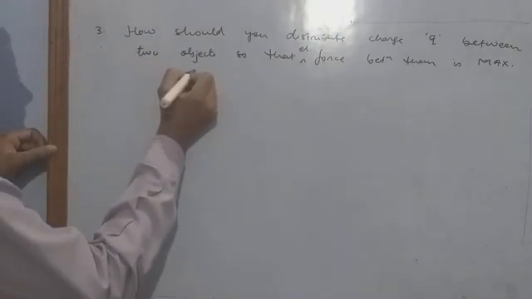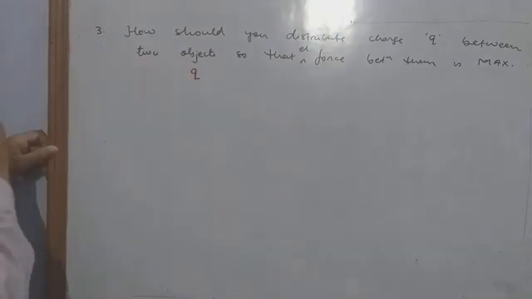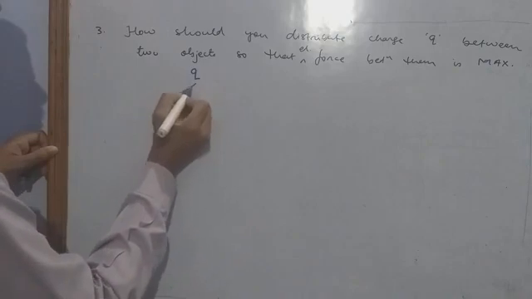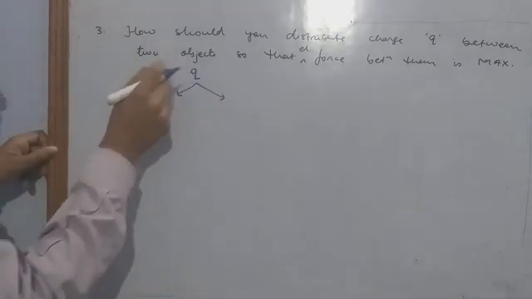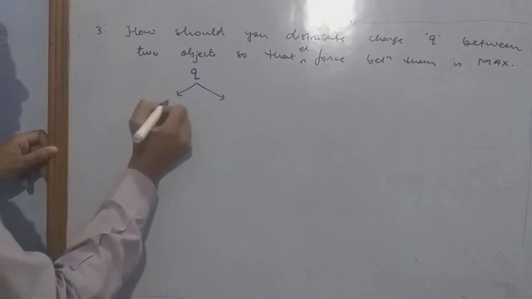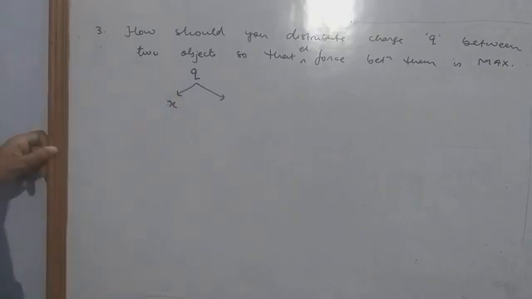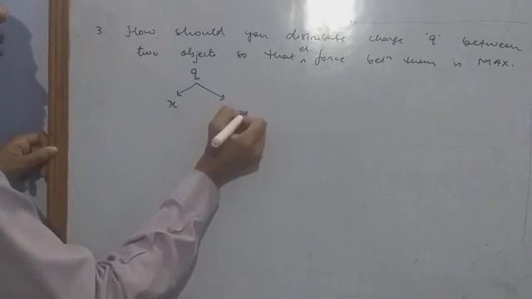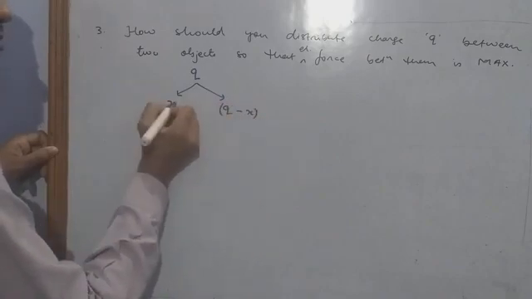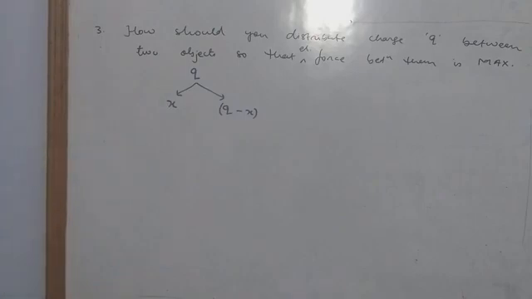We are given some charge q. It is to be distributed in two bodies. Out of charge q, to the first body I give some charge, say x. Then what will be the charge on the next body? Of course, q minus x. Is it clear, students?